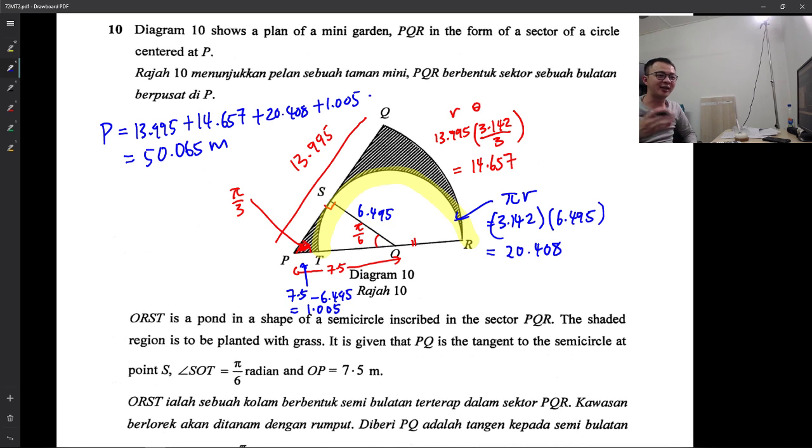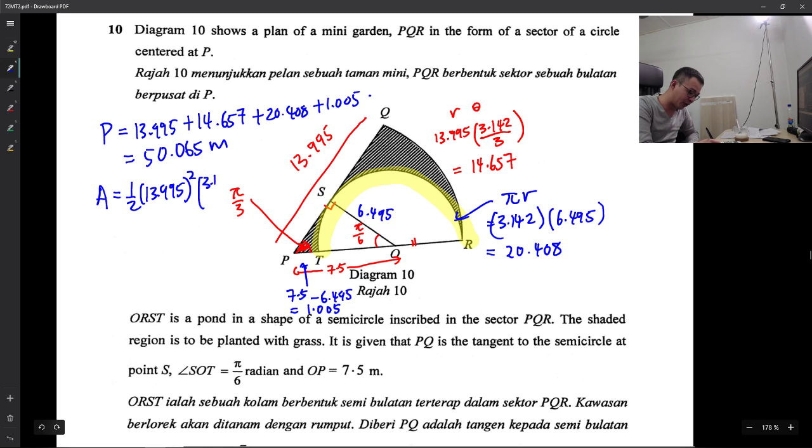It's not too bad. And then the next thing is they ask you to find the area of the shaded region. So to get the area, basically I just need to use the sector minus the semicircle. So sector will be half r square theta, 13.995 square. Theta will be pi over 3, so use 3.142 over 3.